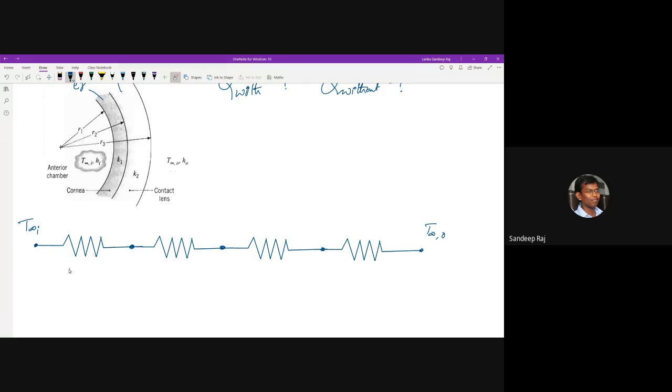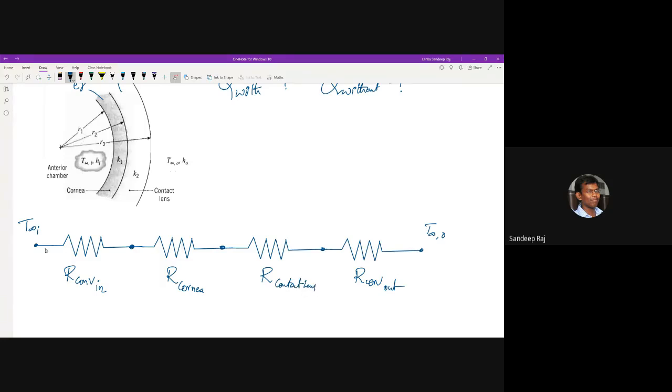And the first one will be the resistance due to convection on the inside of the eye, and the outer one will be convection on the outside of the eye, that is, the atmosphere. And this is R due to the cornea, and this is the R due to the contact lens.